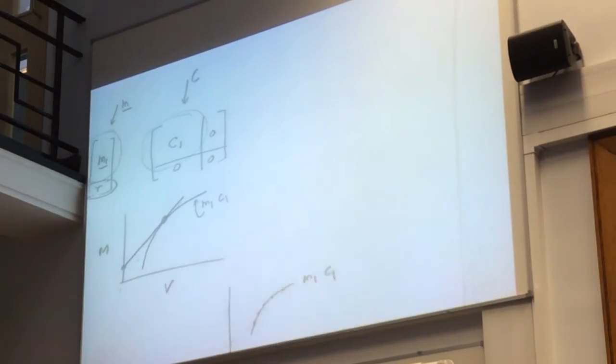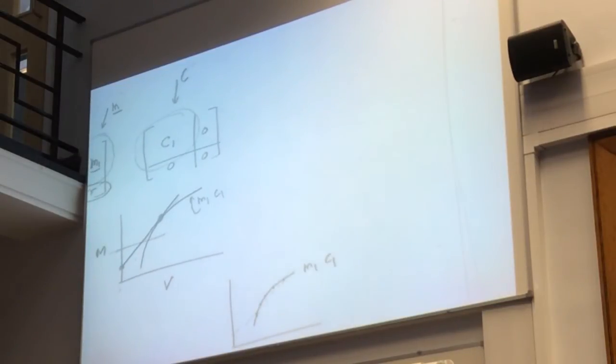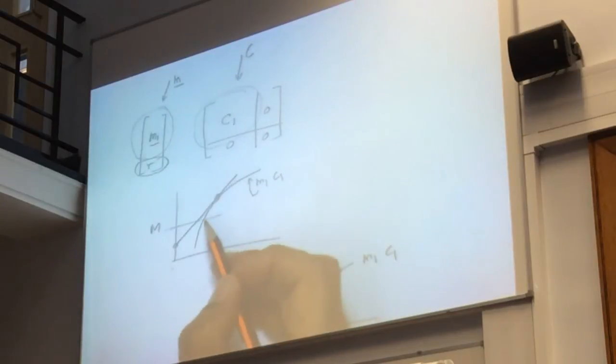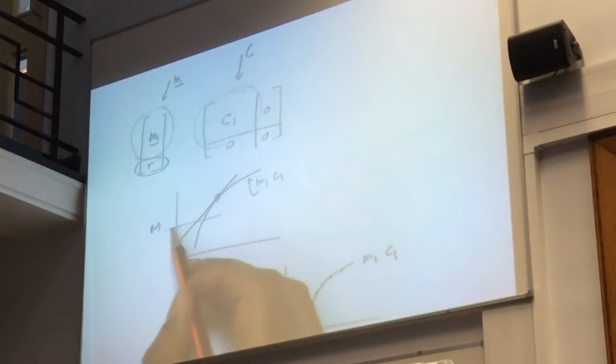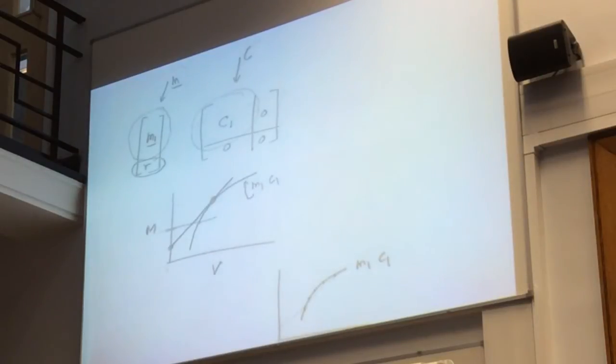I can achieve any of these points. So you can imagine why that is so by looking at, say, take a line like that. How would we interpret that line? If I put all my money in the risky assets, that's the minimum risk at which I can get this reward. But it is possible to reduce the risk further and still get the same reward by moving a small amount of it and putting in a fixed deposit.